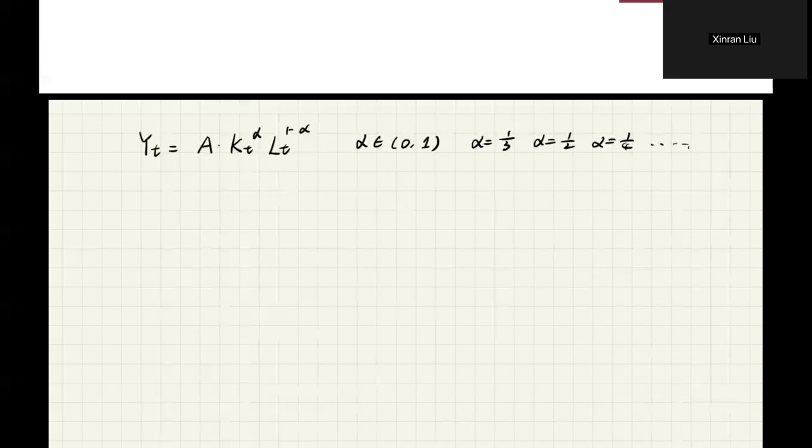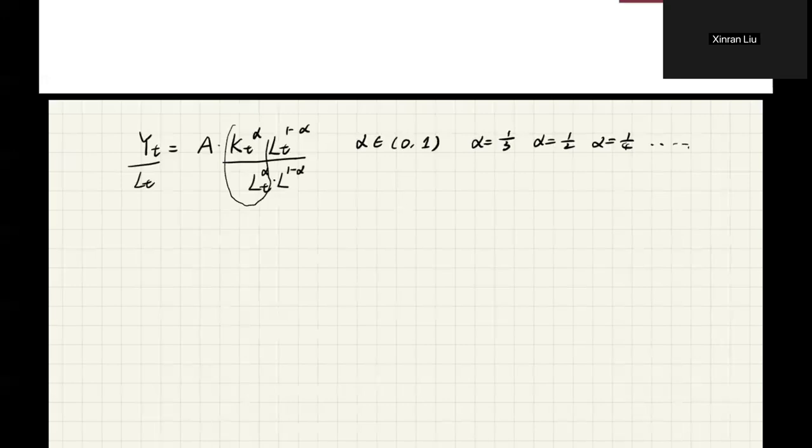After getting the production function, the first step is always to divide by L_t on both sides. You rewrite L_t as L_t to the alpha times L_t to the 1 minus alpha.